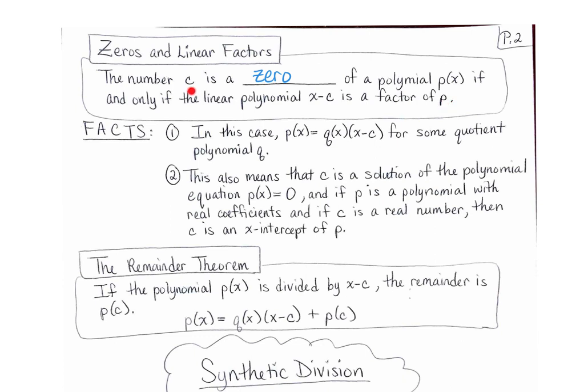Okay, so this is just formalizing things that we've already pointed out in the previous section. A few facts. In this case, p of x is equal to the quotient, q of x, times that factor for some quotient polynomial q. This also means that c is a solution of the polynomial equation, p of x equals 0.